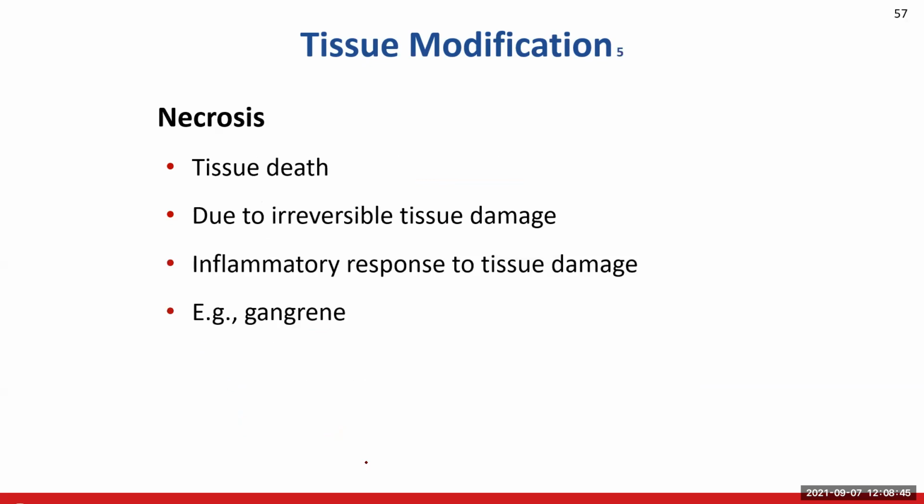All right, and then there's a different type of tissue modification. We have to talk about it, which is called necrosis. That's tissue death. It's usually when that tissue has sustained significant, irreversible damage. It's no longer viable, and it dies.